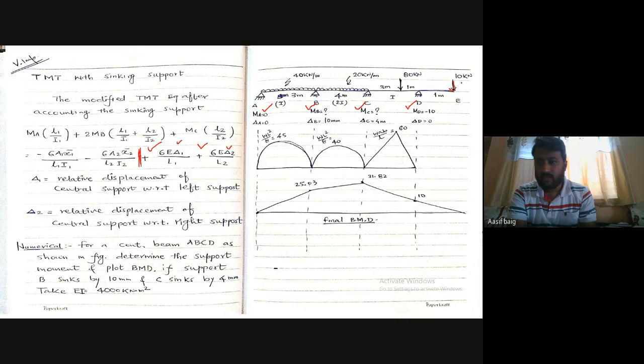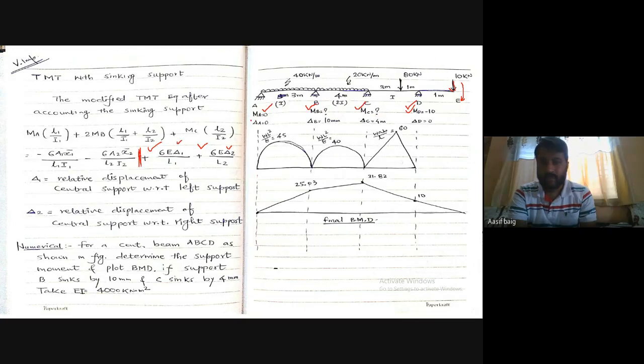Due to this, a 10 kilonewton meter moment will act at D, and to sustain this moment, the moment at D will be minus 10 kilonewton meter. So moment D is known, moment A is 0, moment B and moment C are unknown. For these two unknowns we will apply the three moment theorem 2 times.